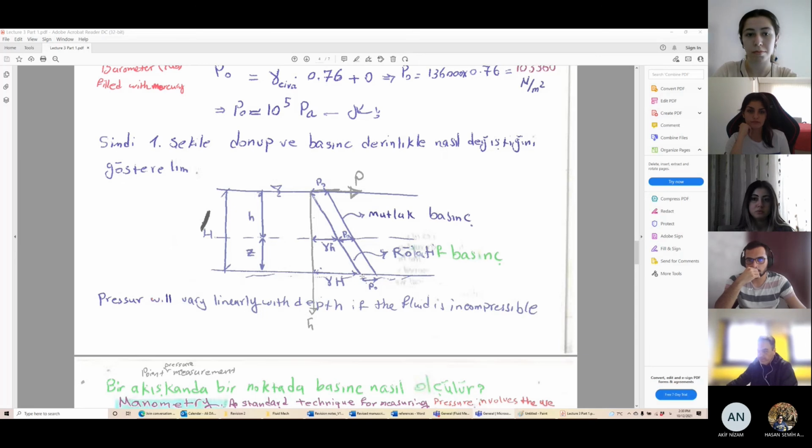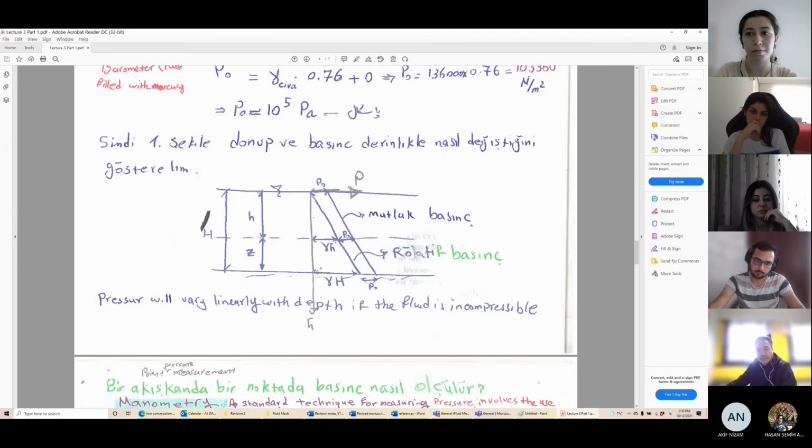Therefore, if you connect these values, this axis shows my pressure axis. When the value of pressure is zero, I mean this point, or when the value equals gamma H, this is my pressure axis.